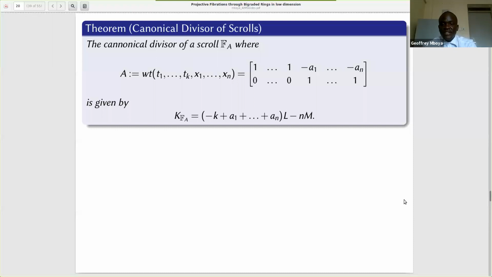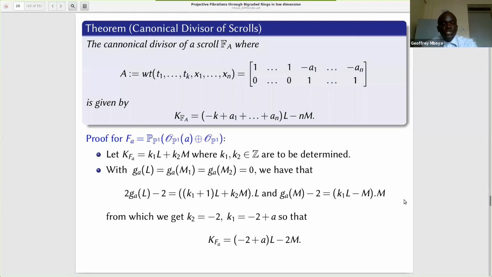You take -K, you sum all the weights a_i, and that will be how much the component of L is in the canonical divisor, and then minus n, where n is the dimension of the scroll. This is a simple computation; I'm not going to go through it, but I'm happy to explain it if someone is interested. Indeed, we confirm that for surface scrolls, the formula is correct.